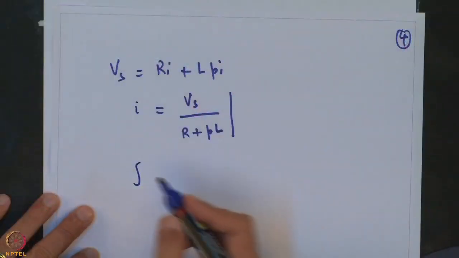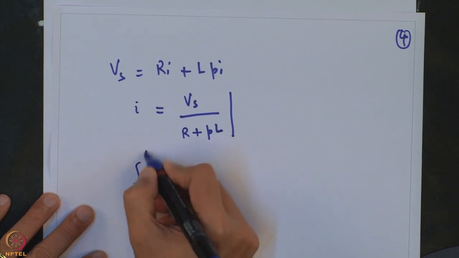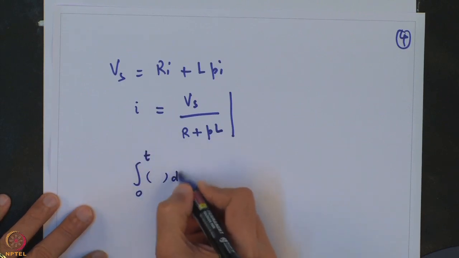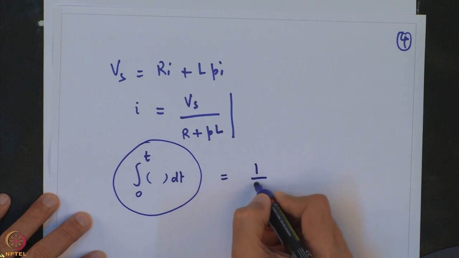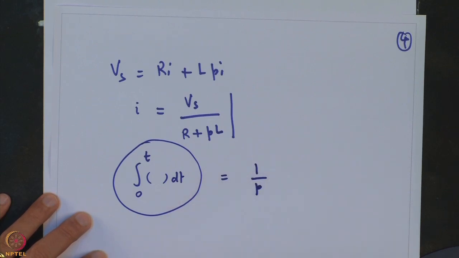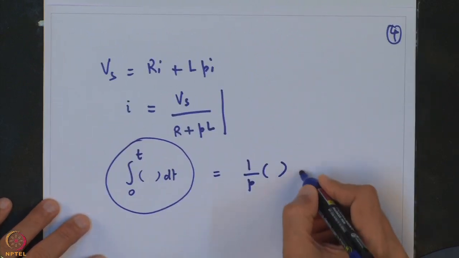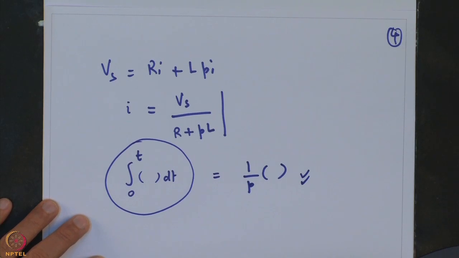Now not only that you can use P to denote d by dt, but you can also denote the integration or the integral functions using this P. So if you want to do an operation of this type, all you need to do is that you just do a multiplication just by 1 by P, and this will actually give you the integration of a function.